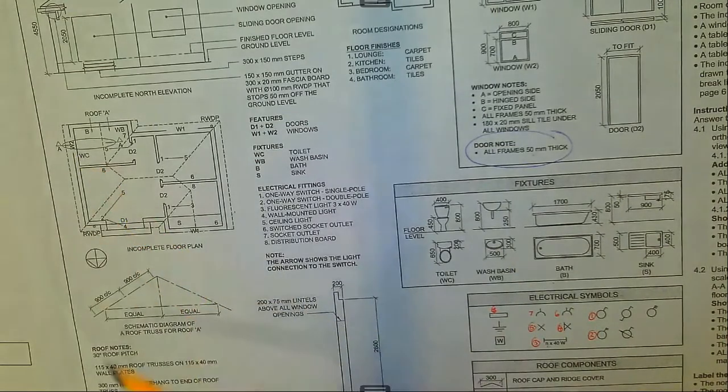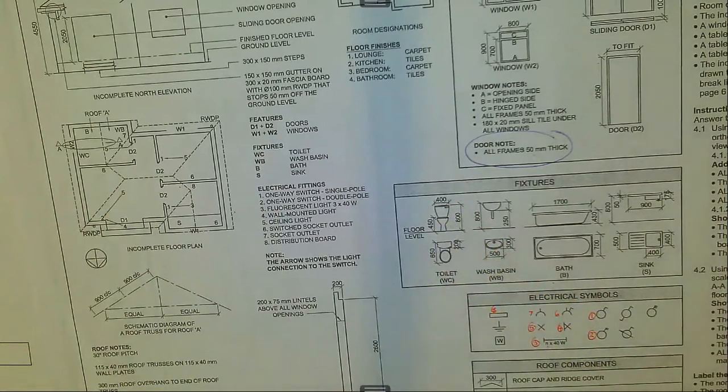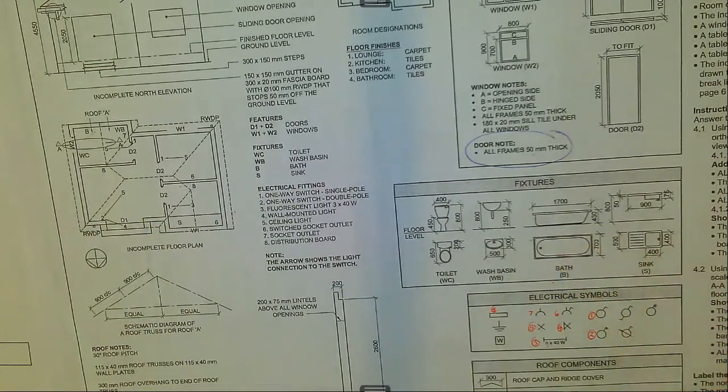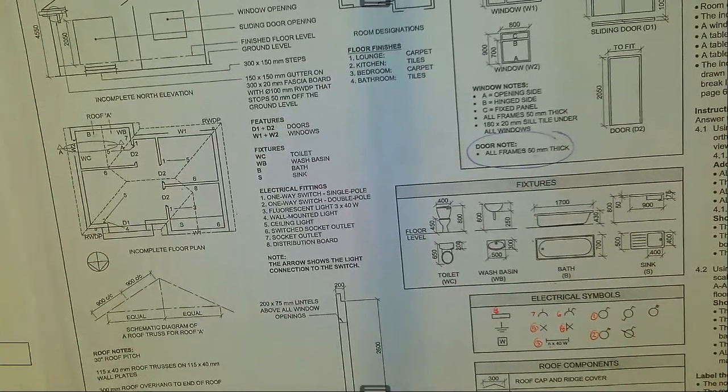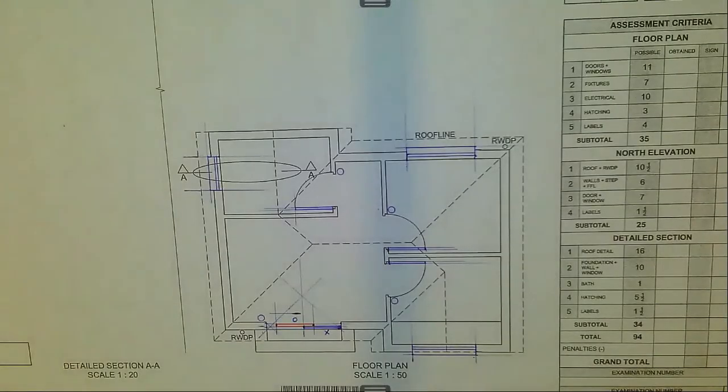Then we have got a water closet, right? It's 400 max by 650, okay? Then we have got a bathtub, which is here, which is 700 by 1,700, okay? But let's start with the bathtub, 700 by 1,700. 1,700 divided by 50, we are going to get 34.